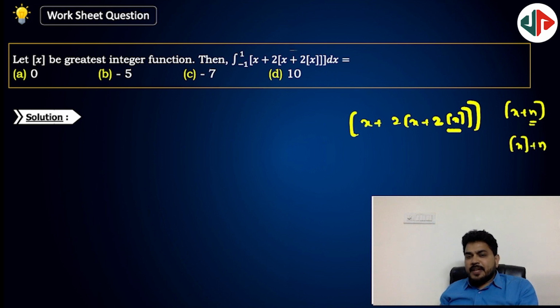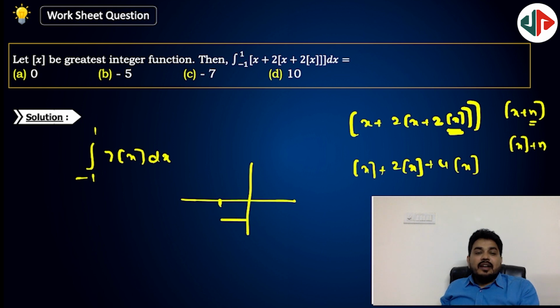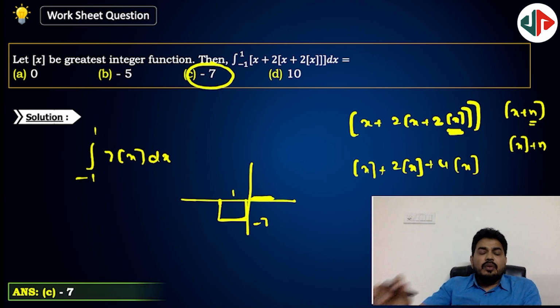So here step x is an integer. 2 2s are 4, so 4 step x plus this one, 2 step x, and this is step x. So this answer is the integral minus 1 to 1 of step x, 7 step x dx. So you look at here, minus 1 to 0 value will be minus 7 and this value will be 0. So this value will be equal to 1 into minus 7. Answer is equal to minus 7.